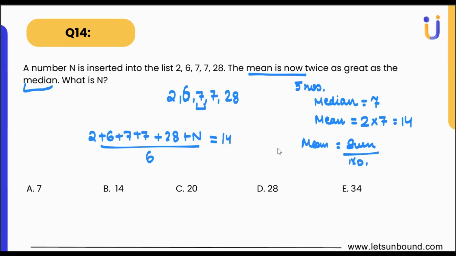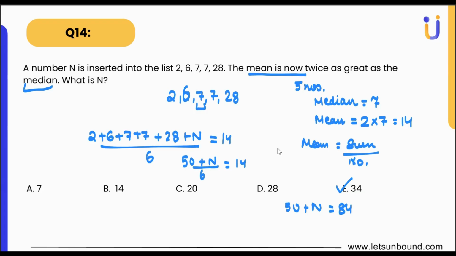So adding 2, 6, 7, 7 and 28 will give me 50 as the sum. So it's 50 plus n divided by 6 is 14. I will multiply 14 and 6. It will give me an answer of 84. So I'll get 50 plus n is 84. And the answer to n then will be the remaining number, which is 34.